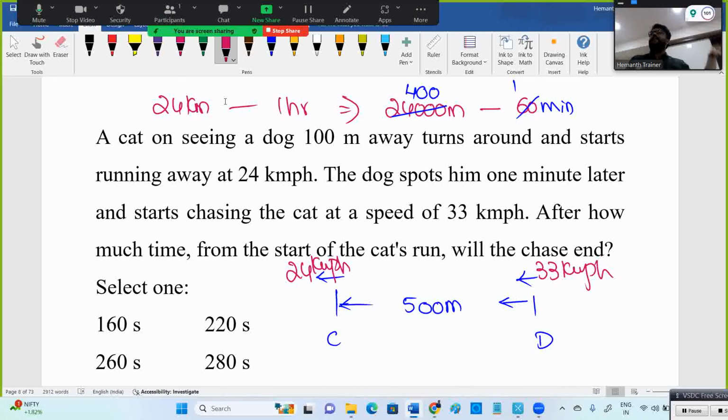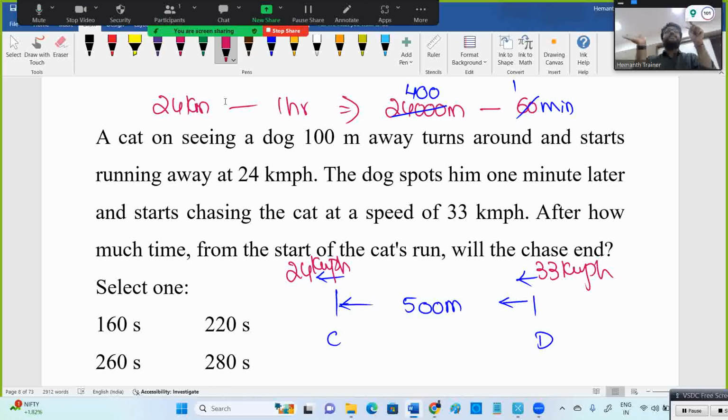Now what is the relative speed here? When two objects are moving, relative speed comes into the picture. As both are traveling in the same direction, what's the relative speed? Relative speed means what is the extra here. Because both are traveling in the same direction, the dog will travel 9 kilometers extra in 1 hour.